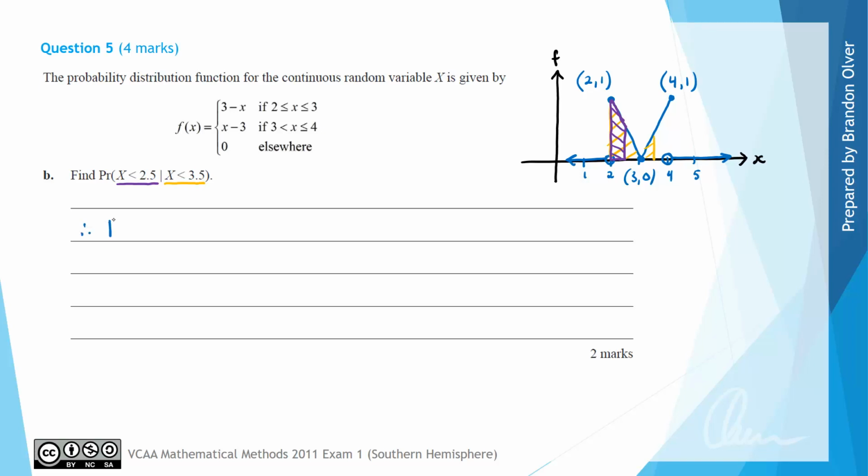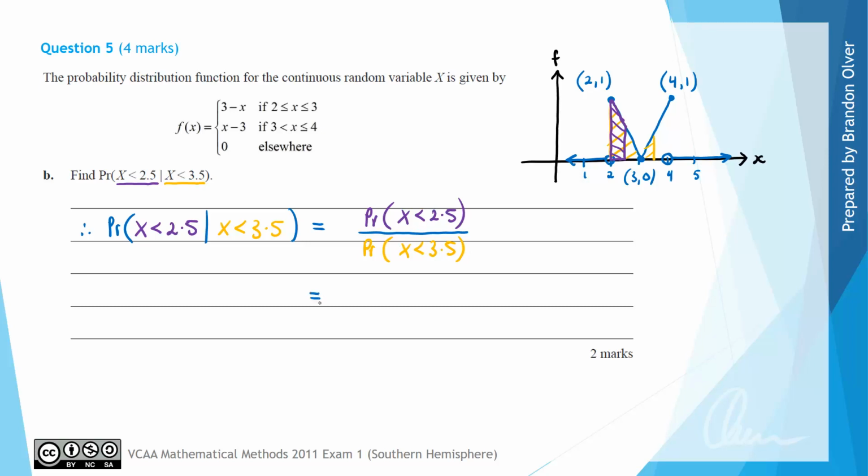So therefore the probability that x is less than 2.5, given that x is less than 3.5, would be equal to their intersection, which is simply the probability that x is less than 2.5 divided by the probability that x is less than 3.5.